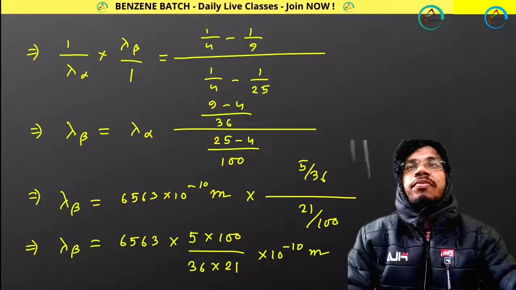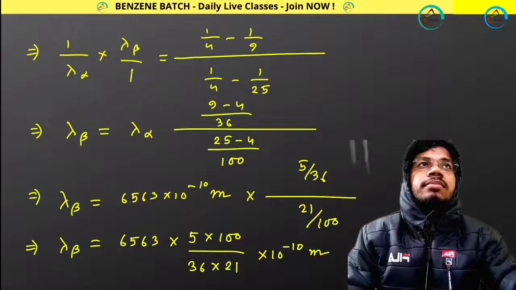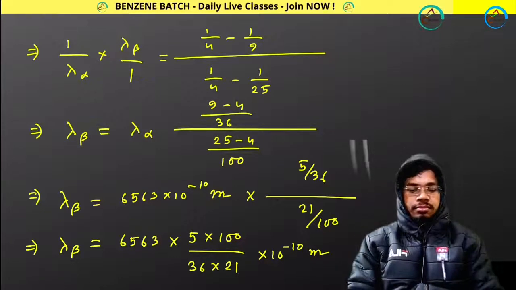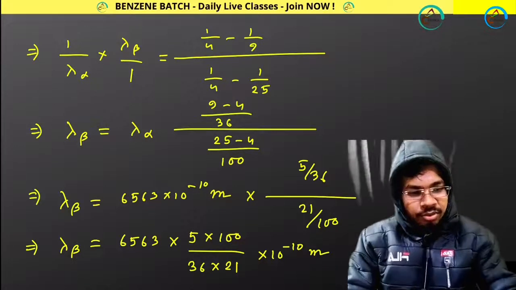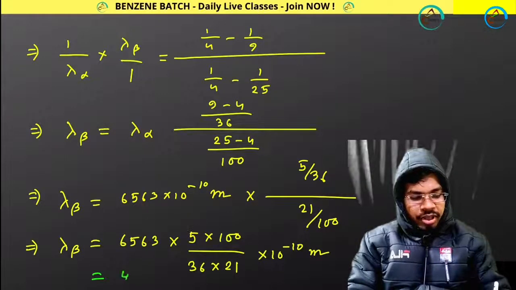I am getting 4340. So it is 4340 multiplied by 10 to the power minus 10 meter.